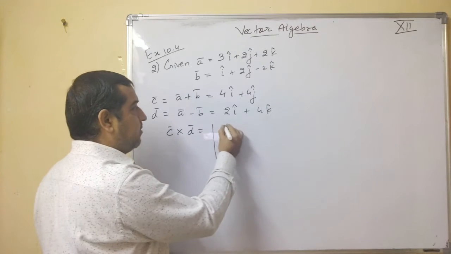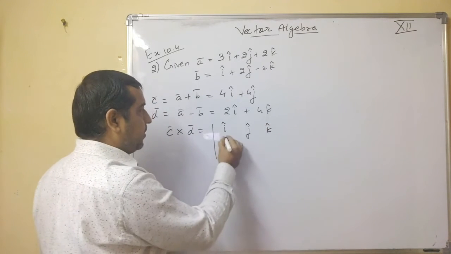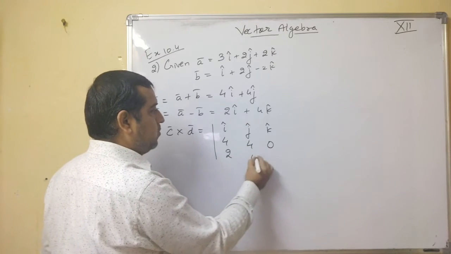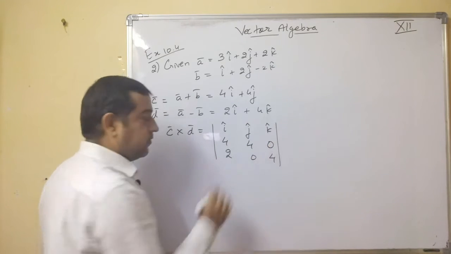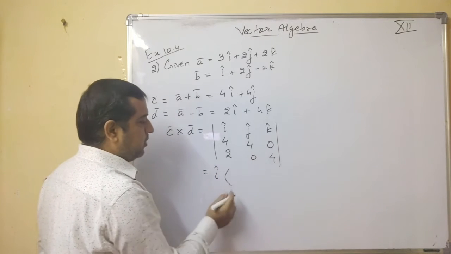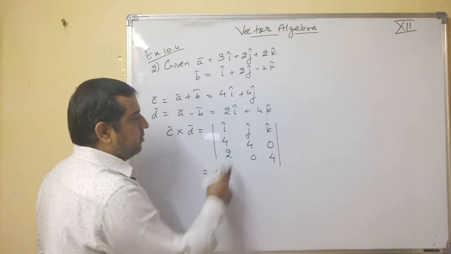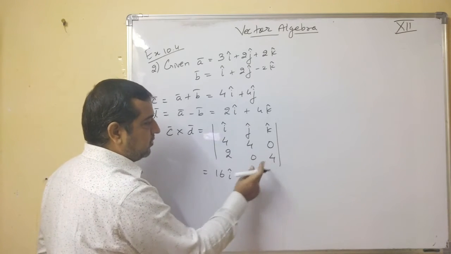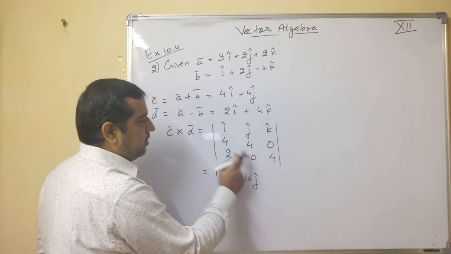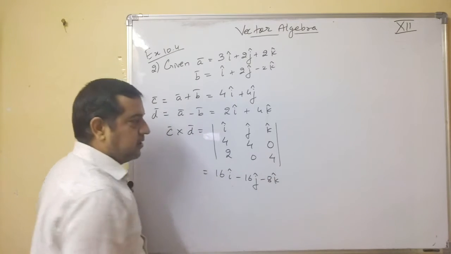This is equal to the determinant i, j, k; 4, 4, 0; 2, 0, 4. First of all, find this. This gives you i cap: 4 times 4 is 16, so you get 16 i cap, minus j: 4 times 4 is 16, minus 16 j cap, plus k: 0 minus 8, minus 8 k cap.